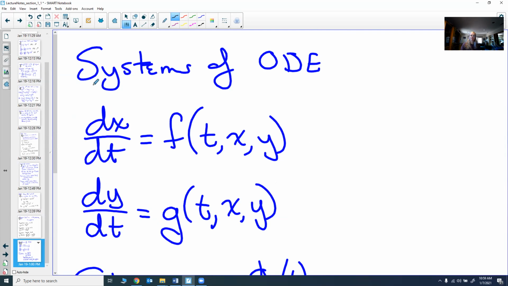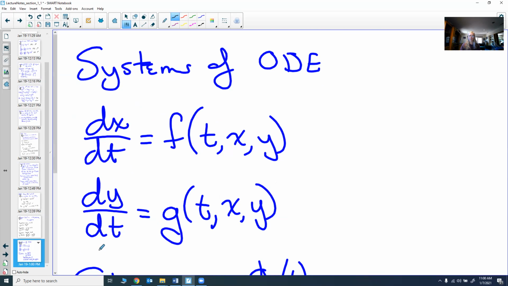The last thing I just want to mention in this section is we can also talk about systems of differential equations, ODEs. This course, by the way, will be only dealing with ODEs. PDEs become very, very complicated, and usually that's more of a standalone course by itself or a graduate level course. So we're only going to be talking about ODEs and systems of ODEs in this course. What this means is we actually have two dependent variables, x and y, and the derivative of x would be a function of t, x, and y, where t is your independent variable.